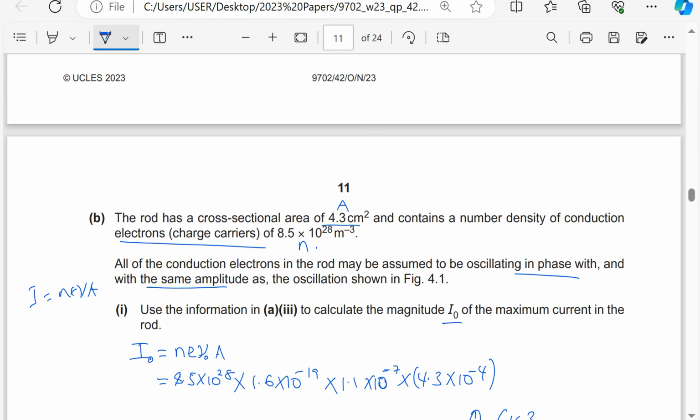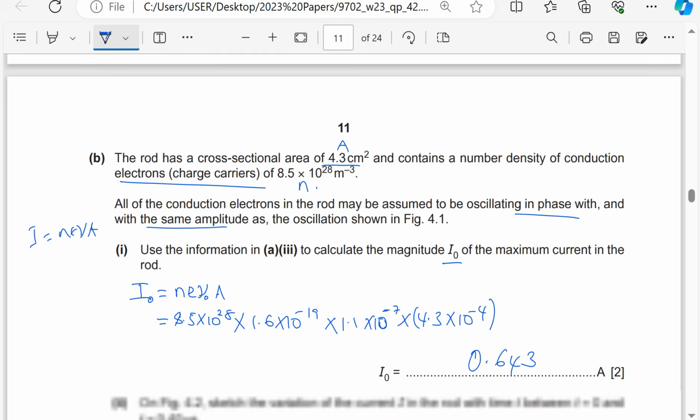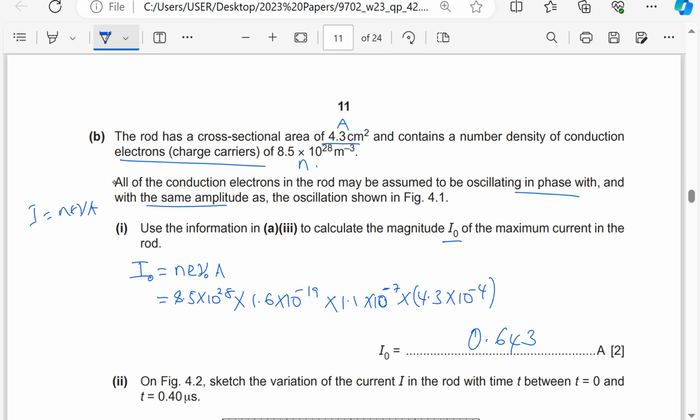The rod has that cross-section and contains the number density, and all of the conduction electrons in the rod may be assumed to be oscillating in phase and with the same amplitude as the oscillation shown in the figure. Use the information to calculate the magnitude I naught of the maximum current.